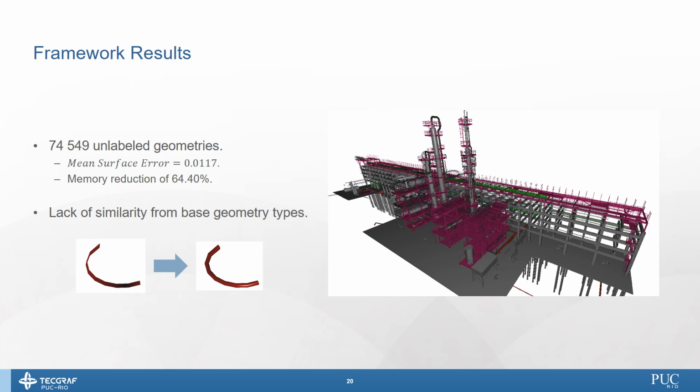For example, we see a rectangular torus that was identified as a circular torus, but this geometry was discarded during the optimization step.